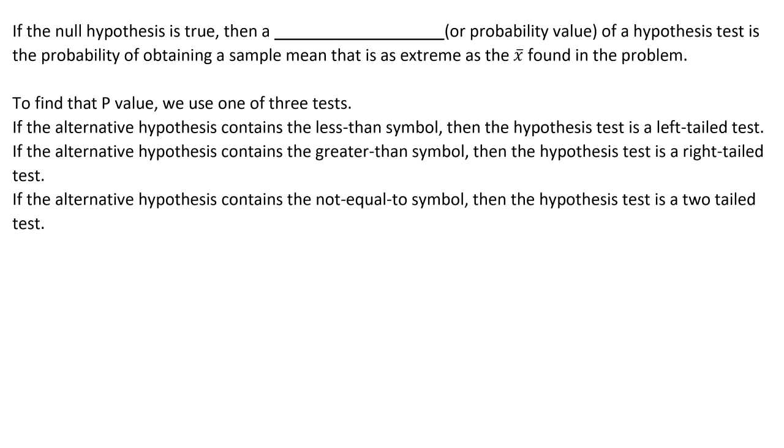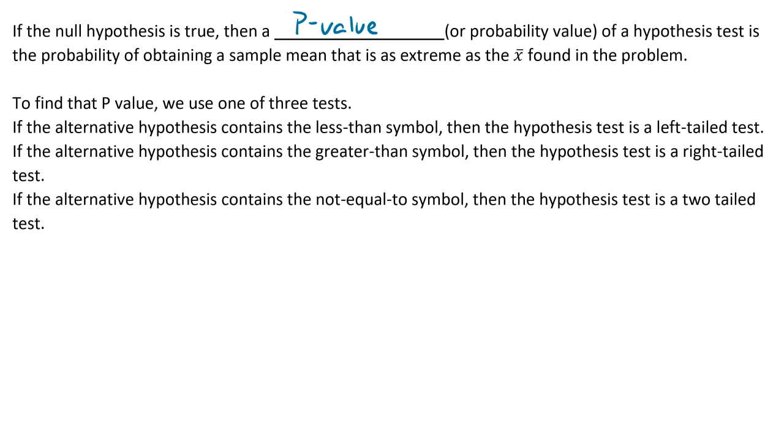If the null hypothesis is true, then a p-value, or a probability value of a hypothesis test, is the probability of obtaining a sample mean that is as extreme as the sample mean, or x bar, that we found in the problem.